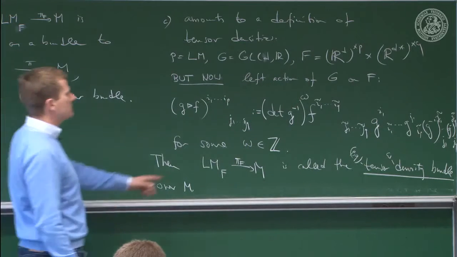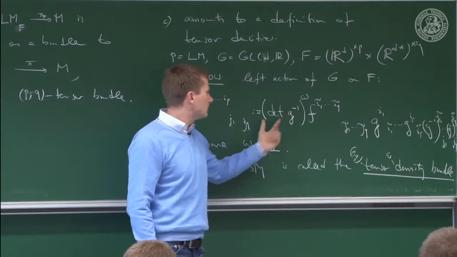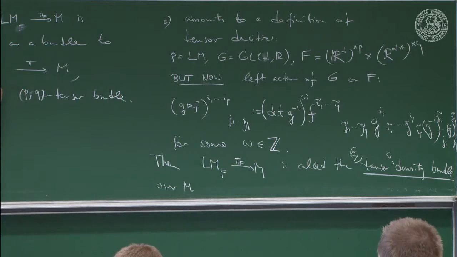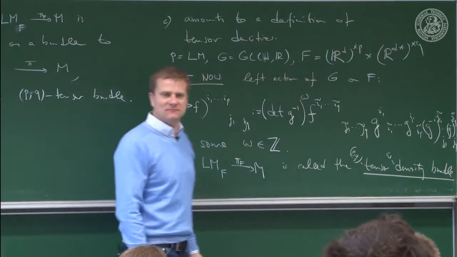Obviously, for omega equal to 0, this factor goes away, and we recover the tensor bundle. So a PQ tensor bundle is a PQ zero density bundle.